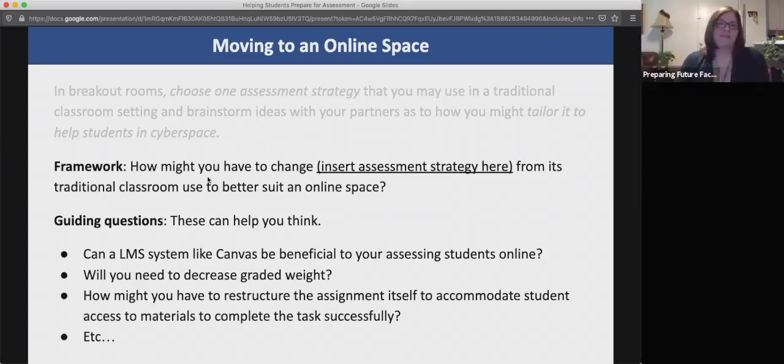Absolutely. And then I would also toss the next question out there: so how might you have to change that assignment? How might that paper have to change? And that's hard to answer.